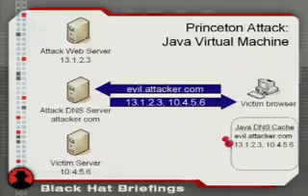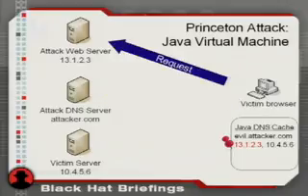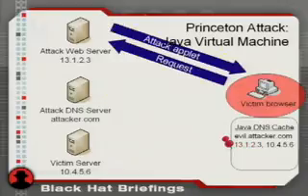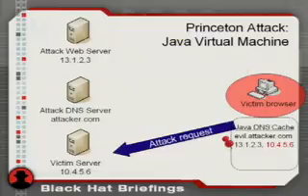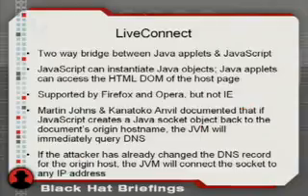The JVM takes the first one, which is the attacker server, and downloads the applet, and the applet sets up a socket connection to the second IP address, which of course is the victim's server. Because both of those came in the DNS response, the JVM considers it to be acceptable and not a violation of same origin. Now, that attack isn't possible anymore, although some variants are.